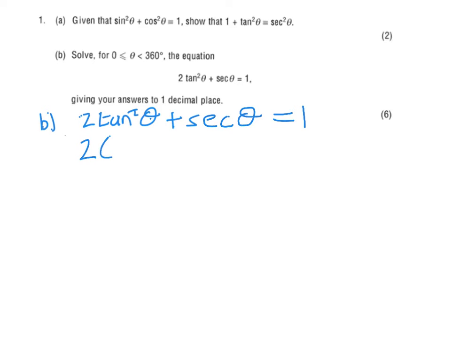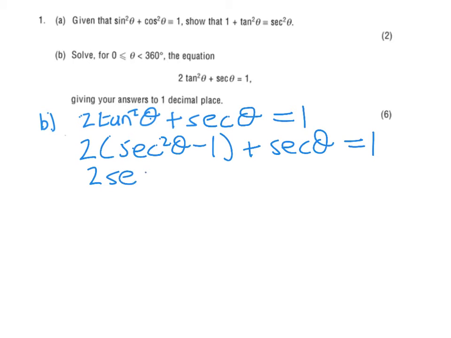And I can change that to something to do with sec. So tan squared will equal sec squared theta minus 1, just by rearranging 1 plus tan squared is sec squared. So that's your first step to solve that.